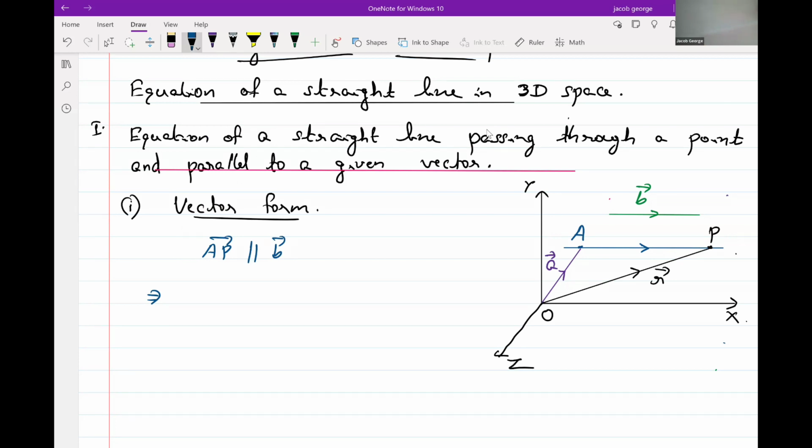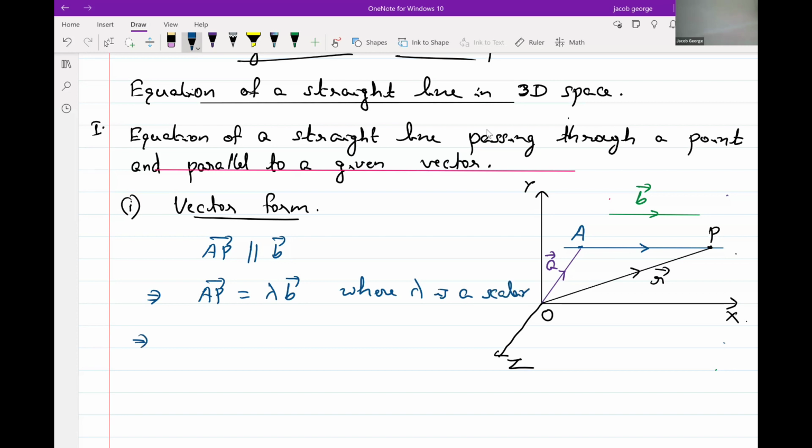When two vectors are parallel, one vector will be what multiple of the other? Scalar multiple of the other. So we can write, all these concepts, basics are from vectors, vector AP is equal to lambda times vector B, where lambda is a scalar.